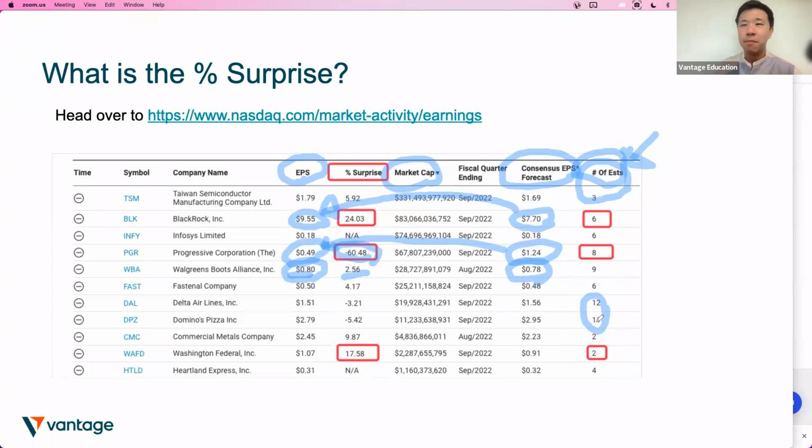If the number of estimates is only one, then even if the surprise is huge, it might not move the market that much. It's usually when a lot of analysts are forecasting this particular EPS and the actual one differs a lot that it moves quite a bit.